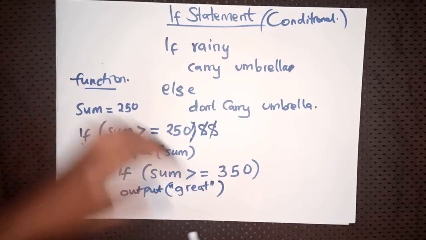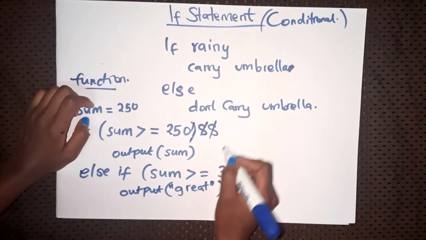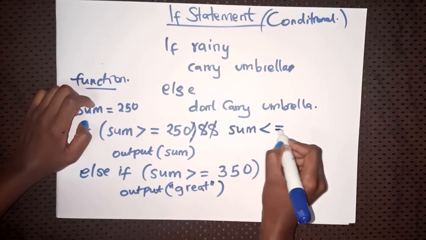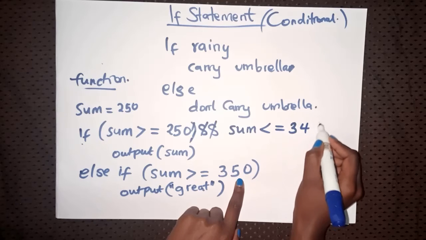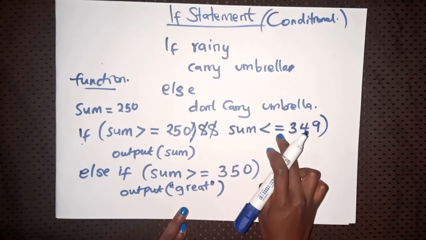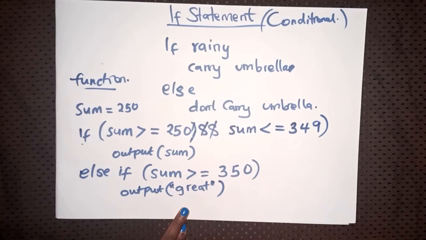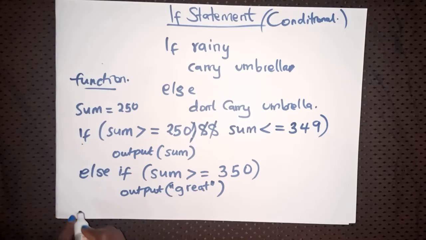We've not learned this, but anyway, this represents and, and sum is less than or equal to 349. Instead of the equal to, we should have just written is less than 350, but since I wrote equal to, I'll just do it that way. So else if this will happen, else you can output.